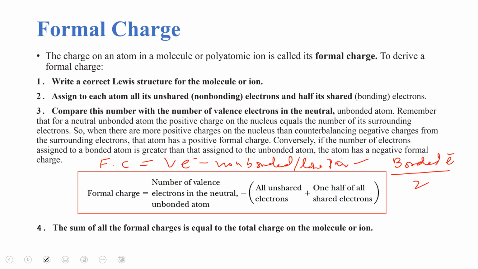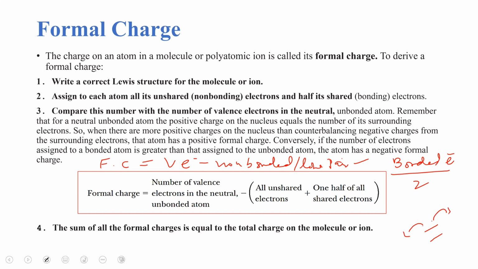Why are we writing the 1/2? Because each atom is contributing one electron. If you write the total number in a line, this is an electron pair, but from this electron pair, each electron is contributed by each atom, right?